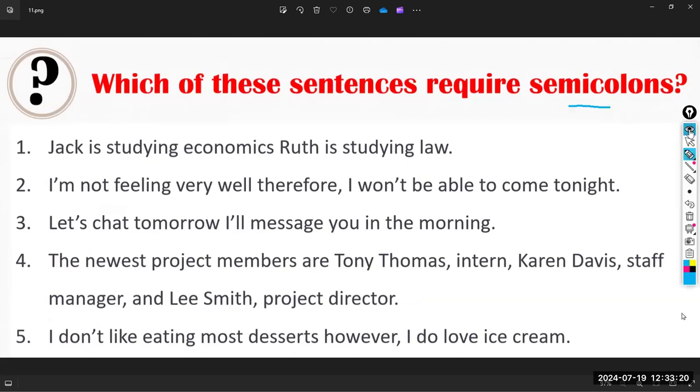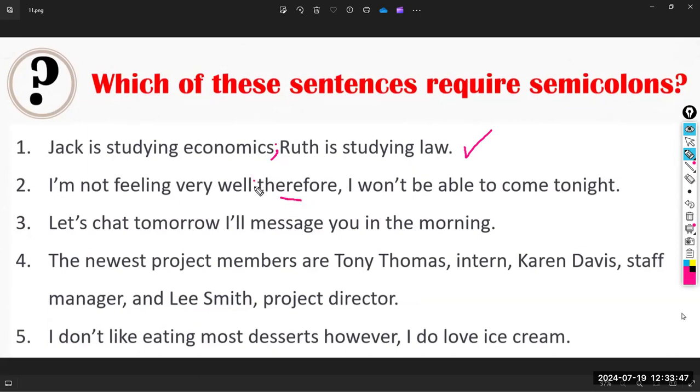Okay, I think that you did it, and let me now put the correct semicolons in their correct places. Example number one is saying, Jack is studying economics; Will is studying law. Number two is saying, I'm not feeling very well; here we have the conjunctive adverb.